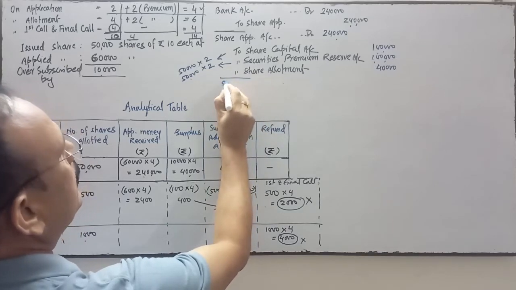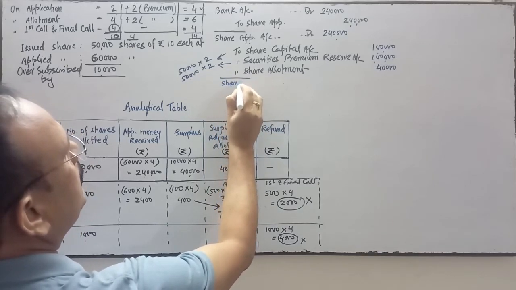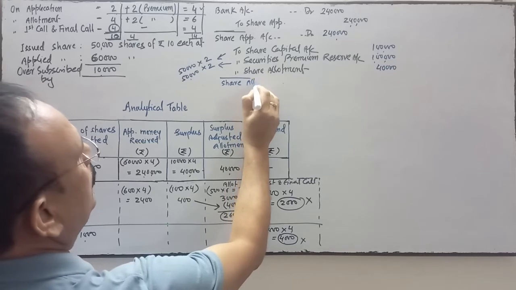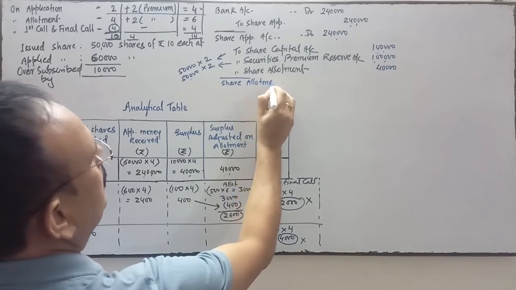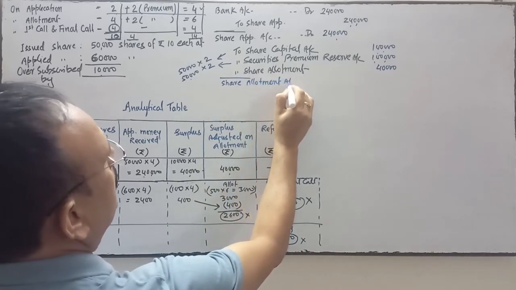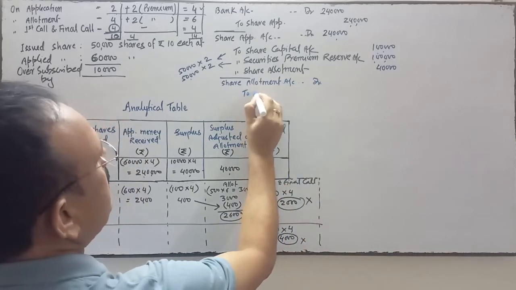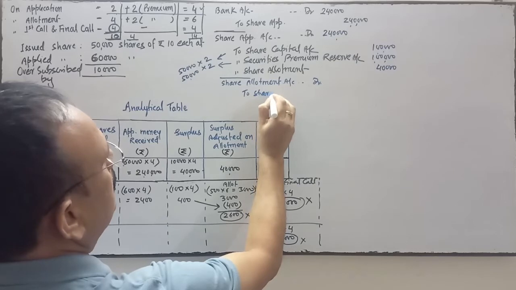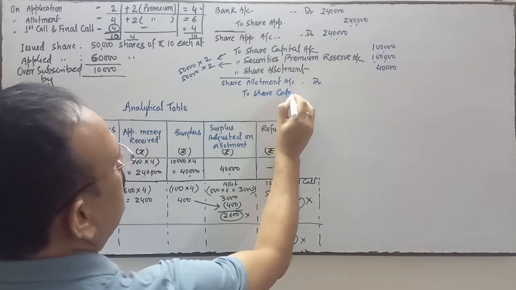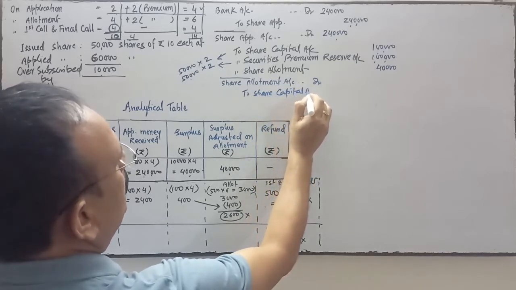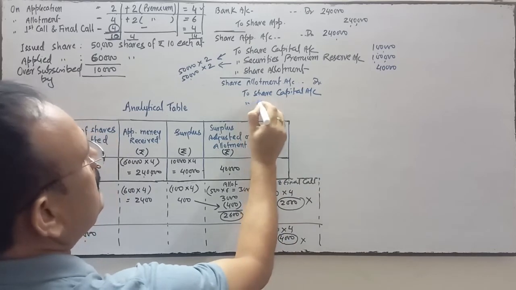So share allotment account debit to share capital, and in allotment also the securities premium reserve.